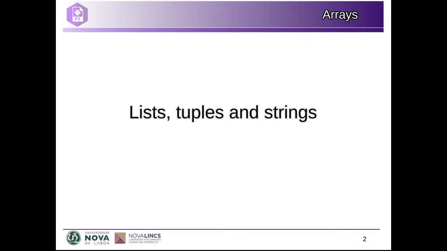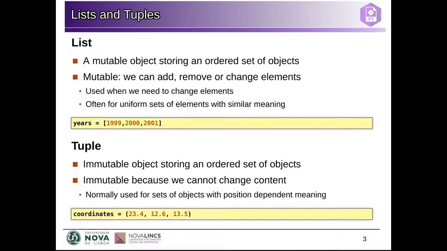So let's start with lists, tuples, and strings, which we already saw in the previous lecture. So basically, a list is an object that you can use to store an ordered set of other objects, whatever objects you want, but it's mutable, which means that you can change the contents of the list.